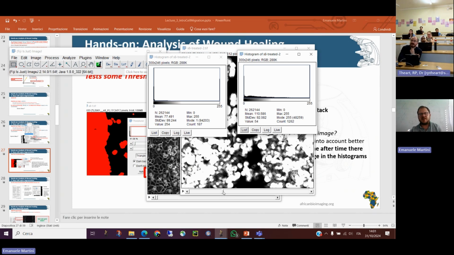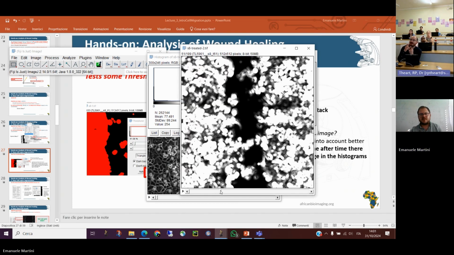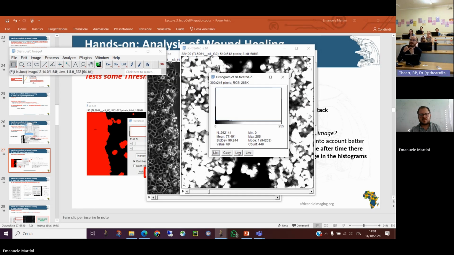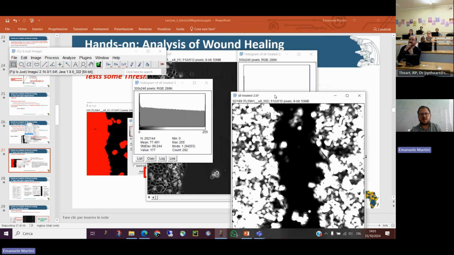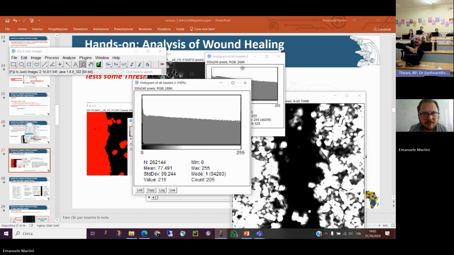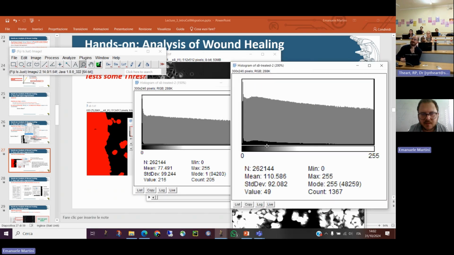This is because... So can you maybe just click on the log button for both histograms? It might be easier to see the difference. Yeah, that's a good idea. Let me see if I can see also the other one. Yeah, I don't know if you can see it well also. You can see there's a little bit of a bump in the second one, so there is a difference.